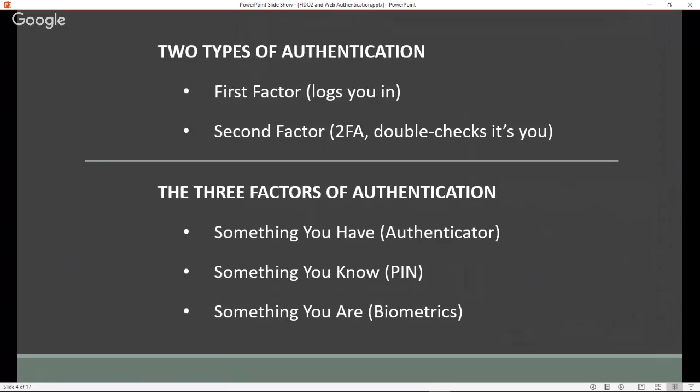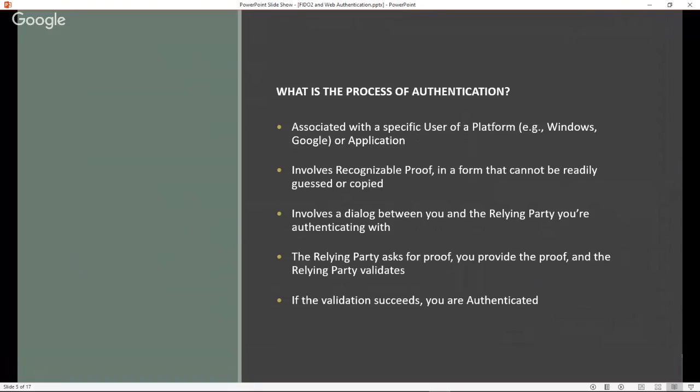So any security solution that you see being created will try to come up with a clean way of integrating these three different factors of authentication. So what is the process of authentication?